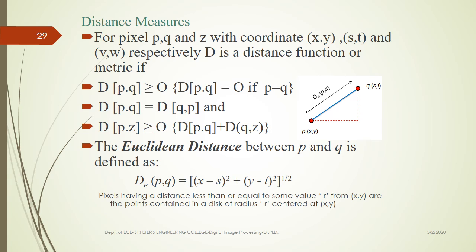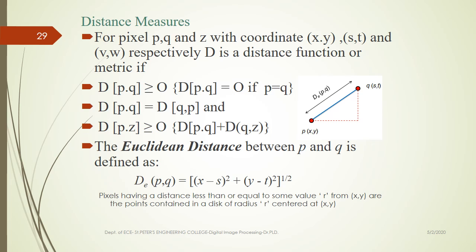For pixels P, Q and Z with coordinates (x, y), (s, t) and (v, w) respectively, D is a distance function or metric if D(P,Q) is greater than or equal to 0, and D(P,Q) equals 0 if P equals Q. So in general the distance between two pixels is greater than or equal to 0. If it equals 0, both pixels are located at the same place, that is, P equals Q.